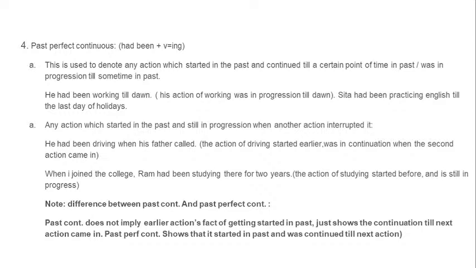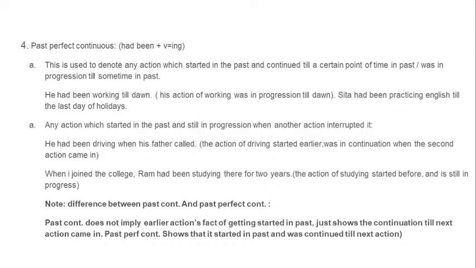When John joined the college, Ram had been studying there for 2 years. That means the fact of Ram's studying started before only, at a certain point in the past, and has been still in progression, in continuation till another event.